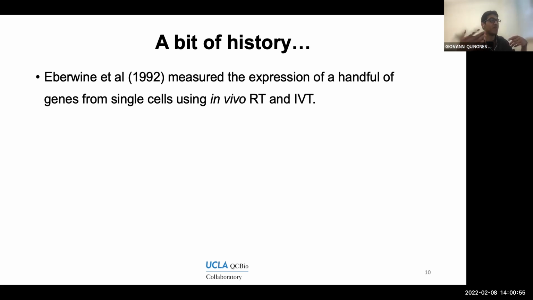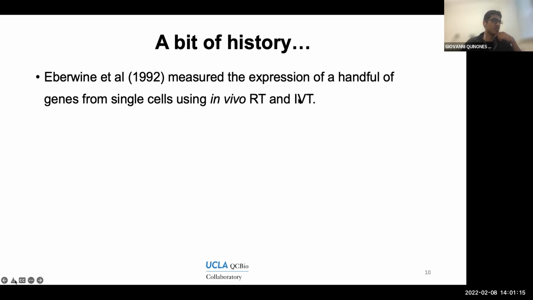So as you can imagine, that takes a lot of manual work in order to eventually come up with a concentration where only one cell may be present. And then they performed some targeted amplification using in vitro transcription.